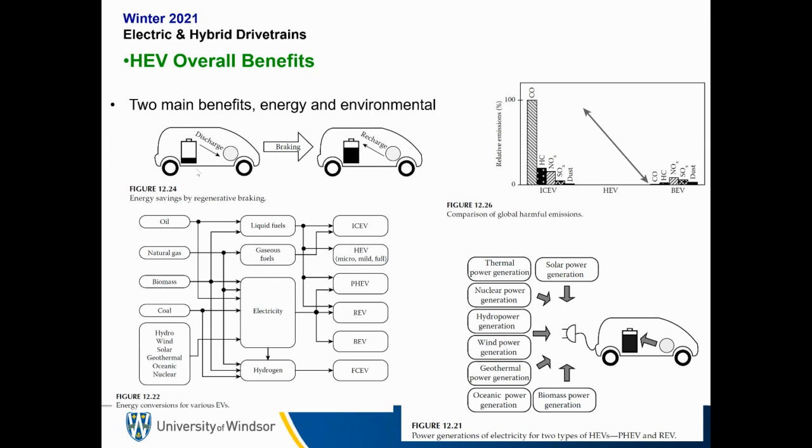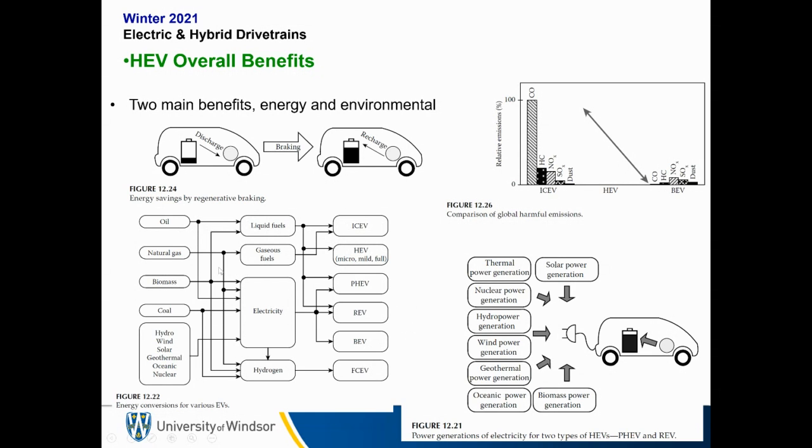We also can have different fuels that can go into powering the electricity form. So if we look at all the different possible ways that we can power vehicles, this is the diagram, figure 12.22. We have fuel cell electric vehicles, which are powered by hydrogen. We have battery electric, plug-in electric, hybrid, and then internal combustion engine. So for the internal combustion engine, we're only going to power our vehicle via oil or liquid fuels.